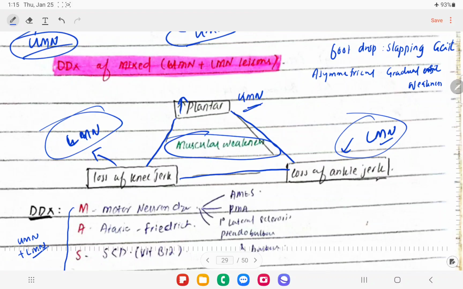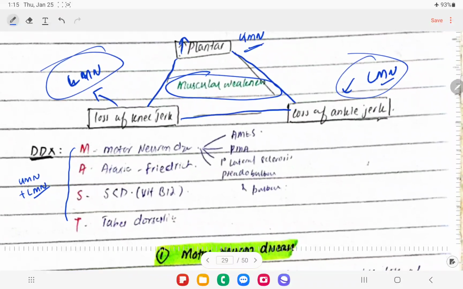So let's talk about what are the diseases in which we see upper motor and lower motor neuron lesion in combined form. The mnemonic is MAST, right?